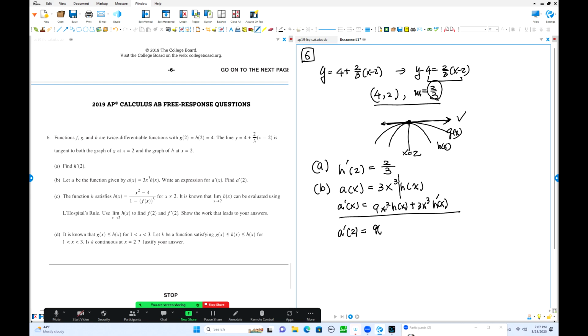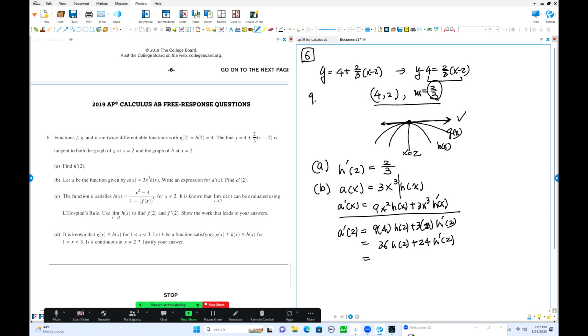That equals 36 h of 2 plus 24 h prime 2. H of 2 is how much? When x is 2, what is the value of y over here? H of 2 is 4.